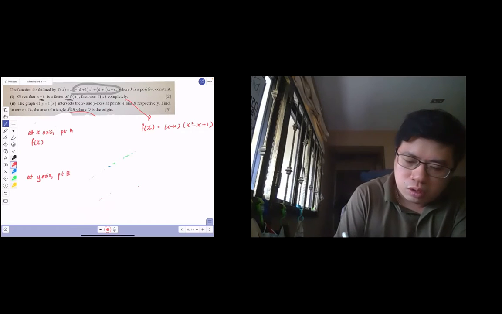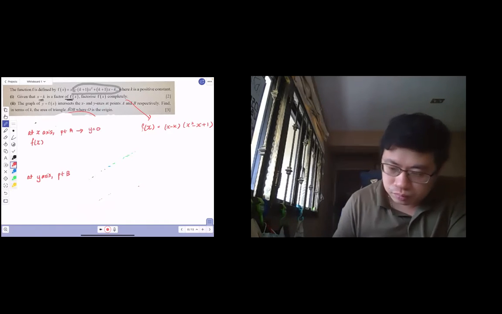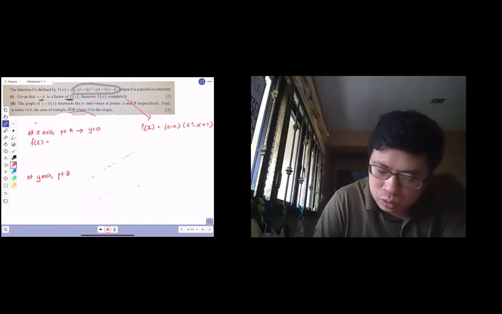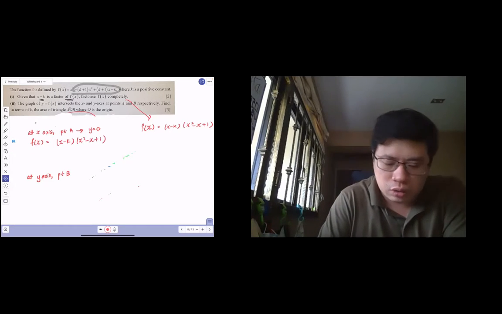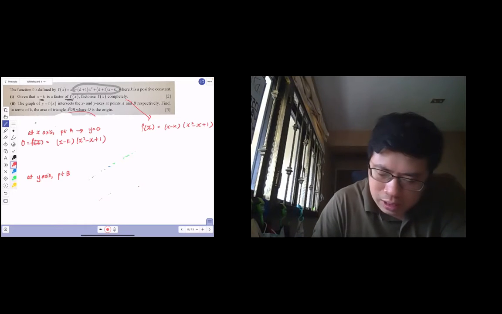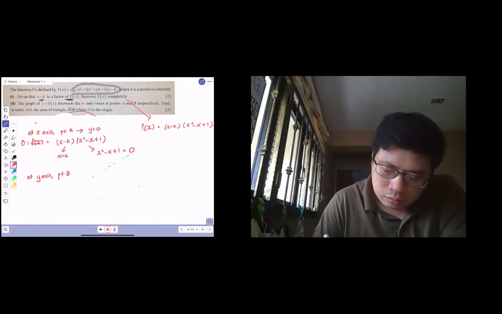If you want to find point A at the x-axis, you just need to sub y equals 0. So y equals 0 means f(x) equals 0, now that we have factorized it. Then our answer is either x equals k, or x squared minus x plus 1 equals 0.